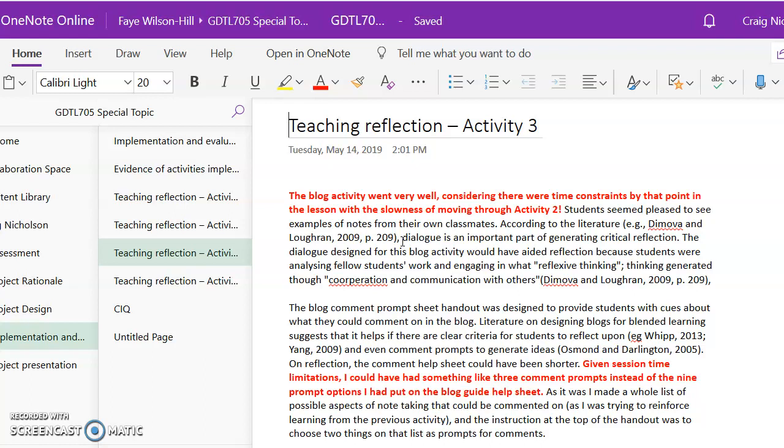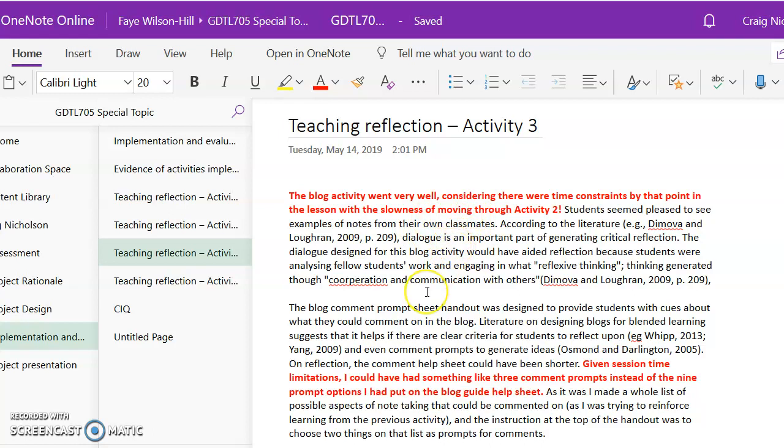This one went a lot more smoothly. The students are more used to blogs anyway and social environments, so it was really no problem for them to go there and flick through and start to make comments. So I'd say in terms of ease of blended application, Activities 1 and 3 were the quickest under time pressures, so long as you had set it all up.